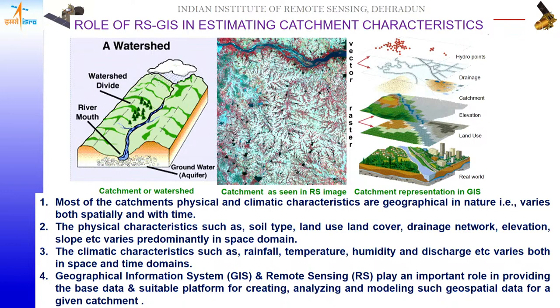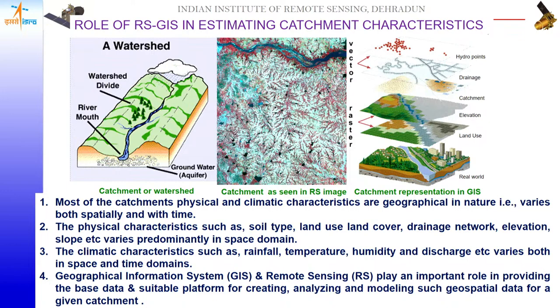That means they are changing more in spatial pattern rather than changing with time, for a small monsoon or the annual or the seasonal scale. However, the climate will vary both seasonally, temporally, and spatially, and it can vary within a few hours to within a few minutes.